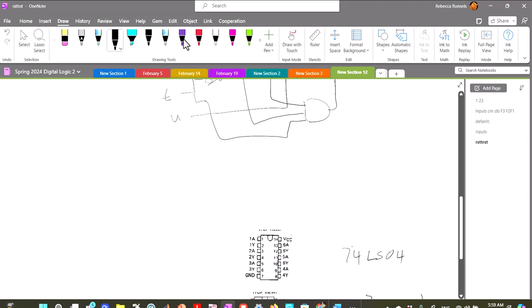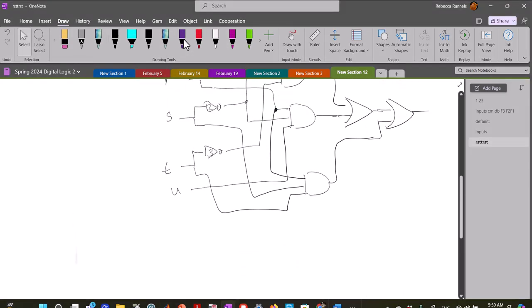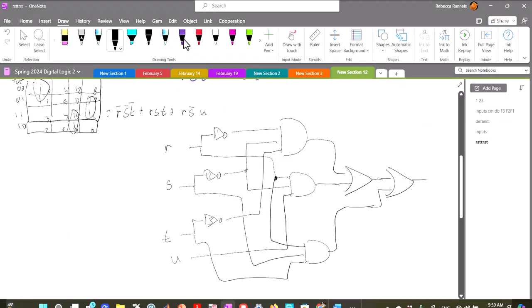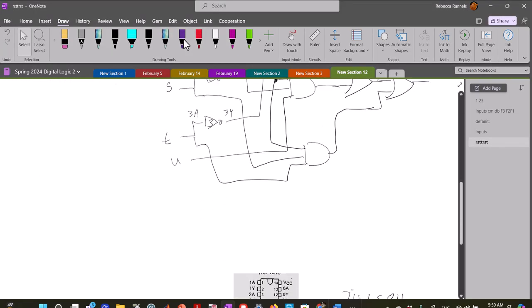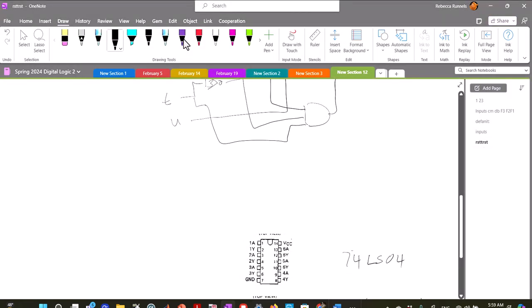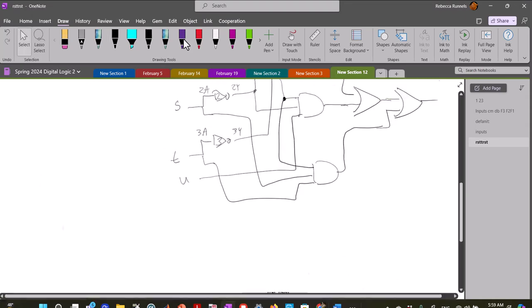A is the input and Y is the output. And then the pins for 1 are 1 and 2.